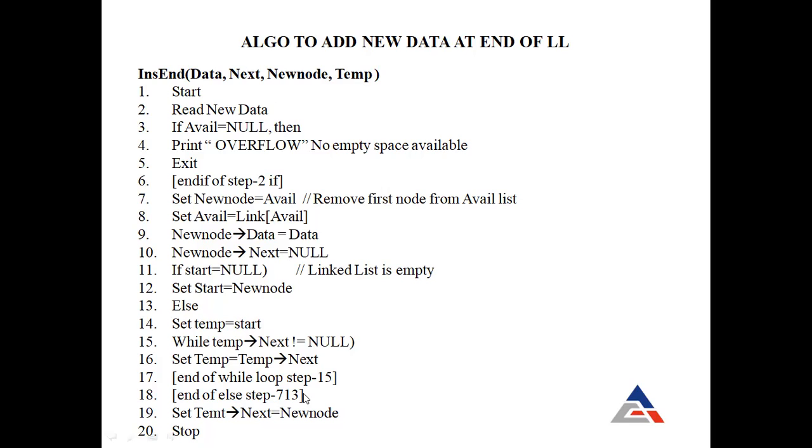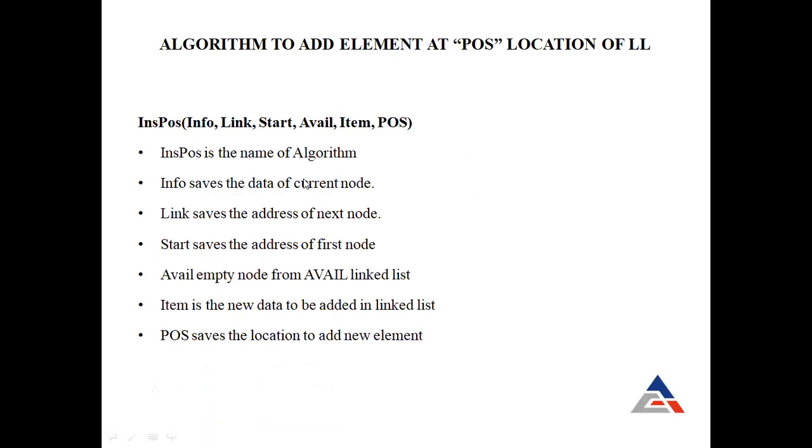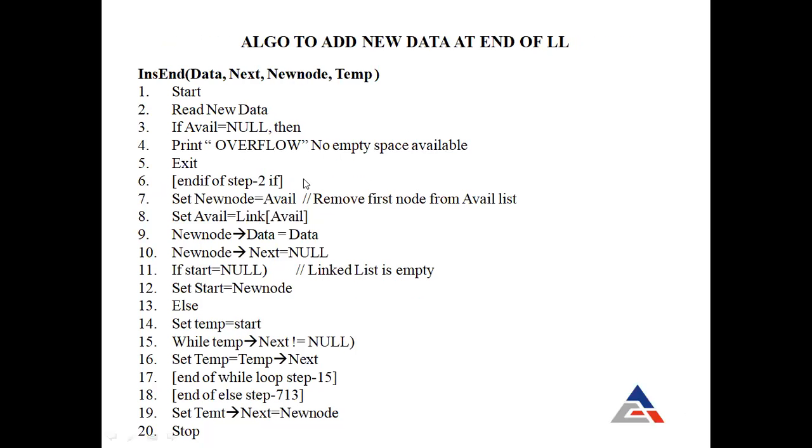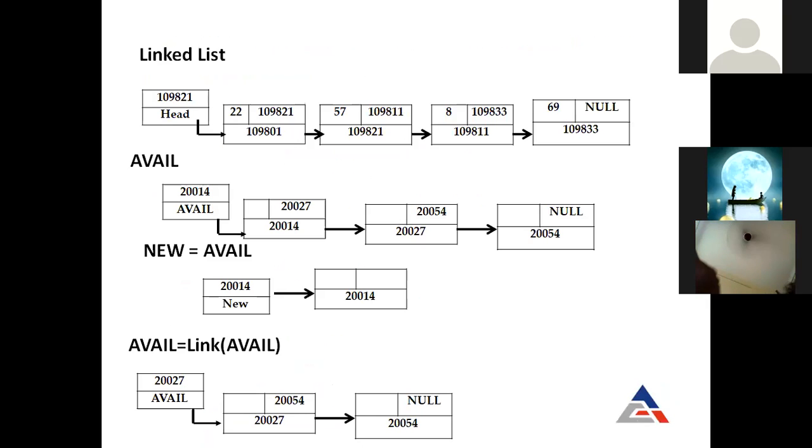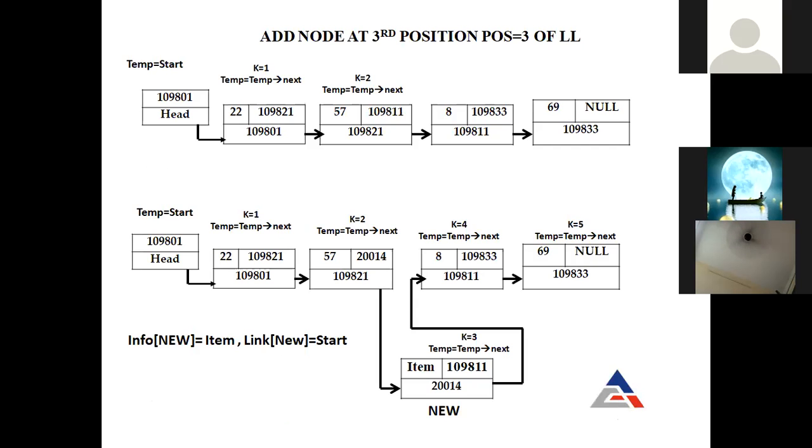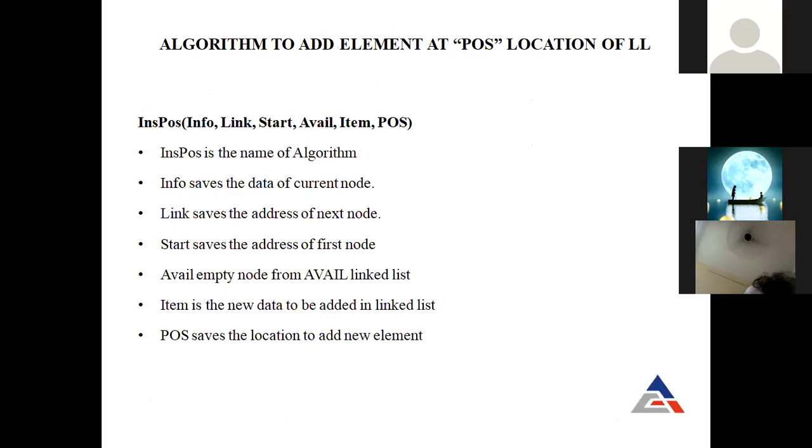So we keep on finding what location we have to add it over there. So what we have to do is, let me check over here. Okay, so initially we have no slide over here for the end of the linked list.